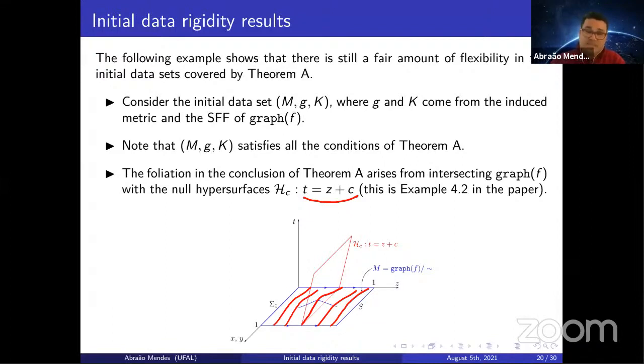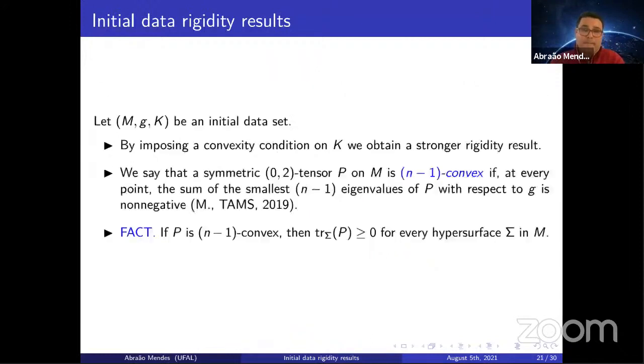So if we want to say something, for example, some rigidity result, we have to assume something more. All right. So the assumption we are going to make is what we call the n-1 convexity of a 0-2 tensor.